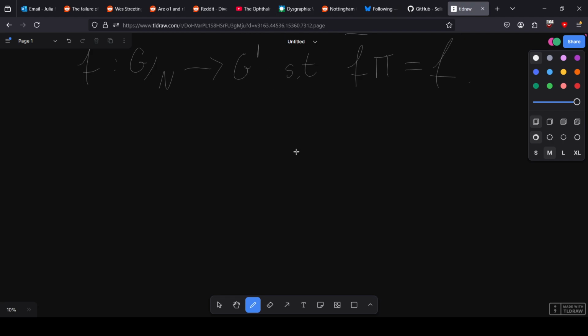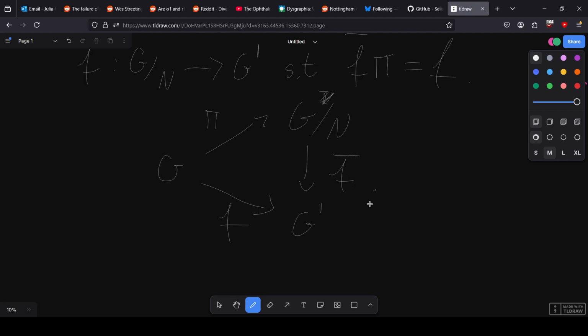This can once again be represented in terms of a diagram. So you have G over here. We are mapping into G prime through here. We are mapping into G quotient N over here. We have pi over here. We have f over here into G prime. And over here, we have our f bar.